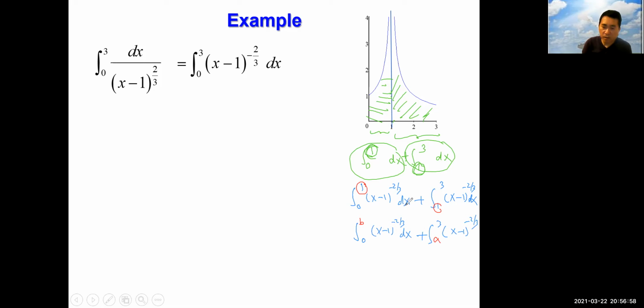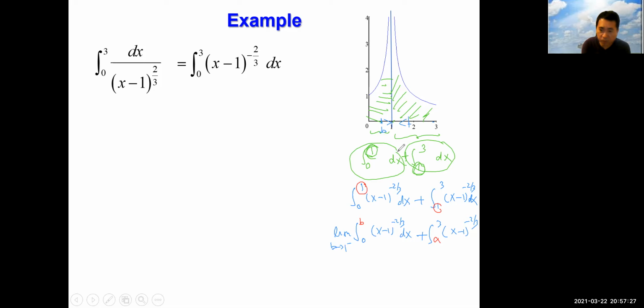So from here, don't forget we have to take the limit as b approaches 1. Your b is over here, right? So you see that b approaches 1 from the left, so on this side you have to take the limit. A is over here.